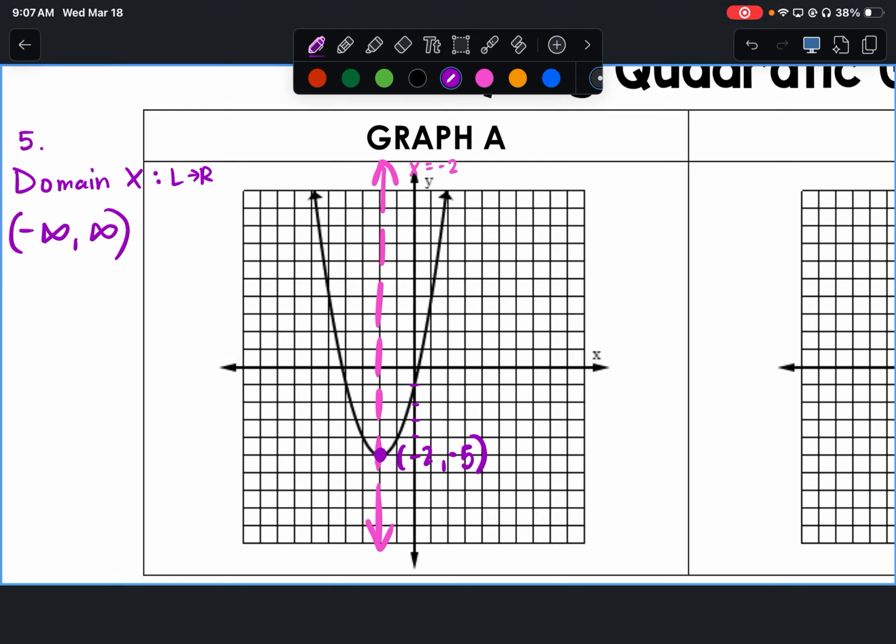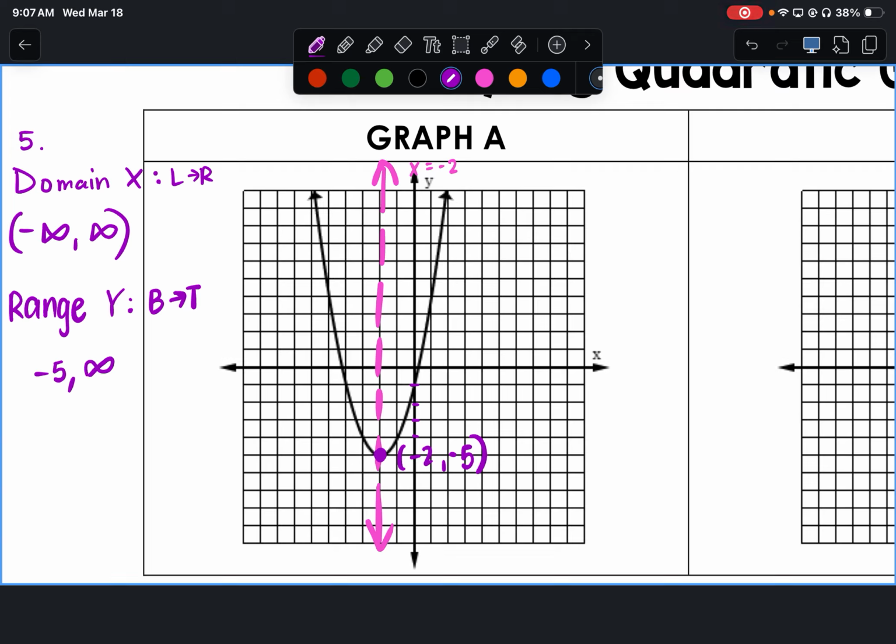Okay, our range. Range looks at our y values from bottom to top. So does this graph ever stop going down? Yes. Where is the lowest y value on that graph? -5. Now, does this graph ever stop going up? No. So where does that go?